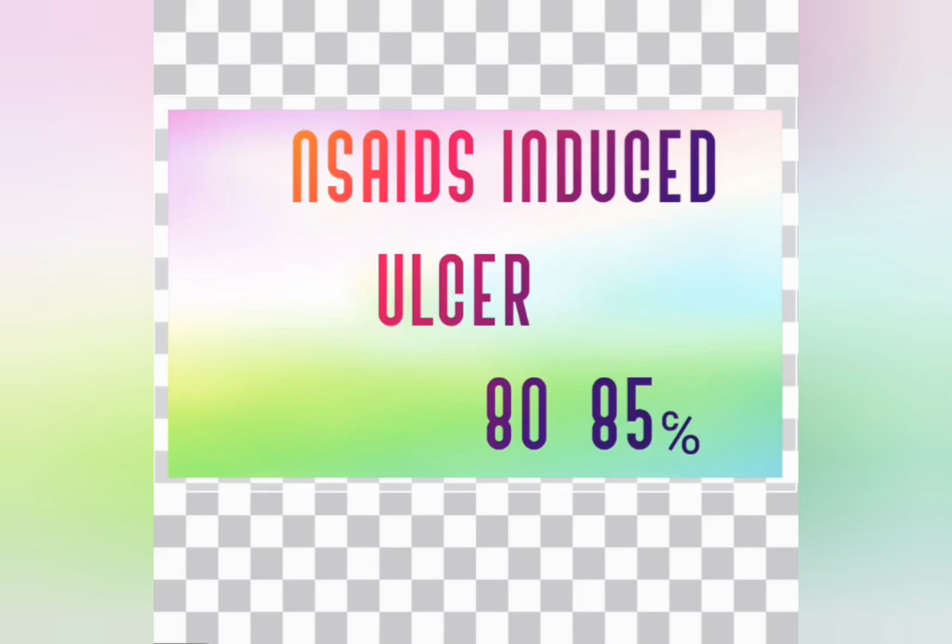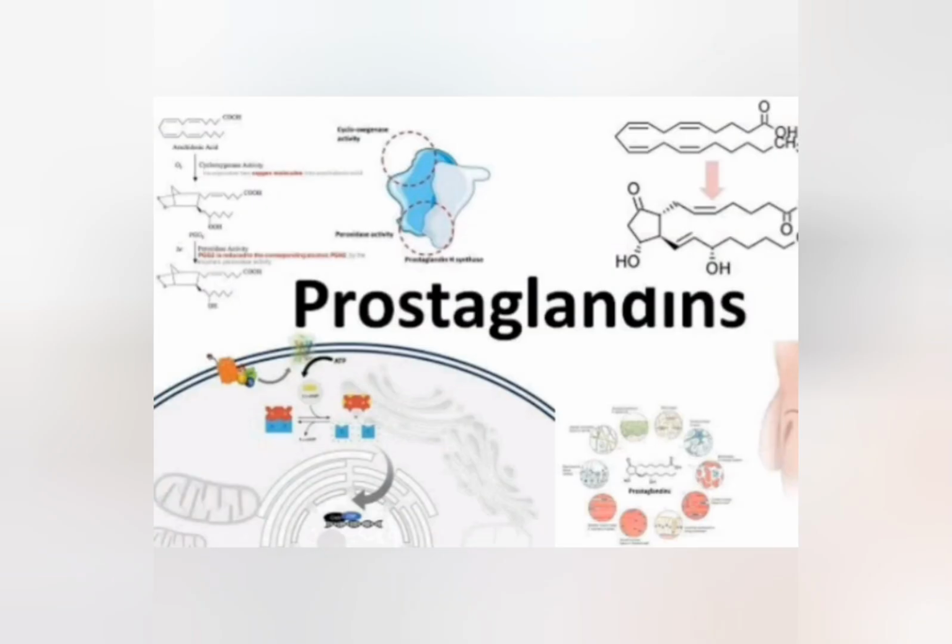So let's move to NSAIDs. Whenever there's injury or infection, the immune system responds with inflammation at the site of the infection or injury. What plays a vital role in this inflammatory response is a particular substance known as prostaglandin.